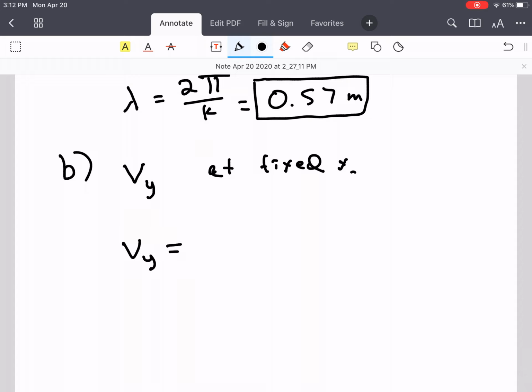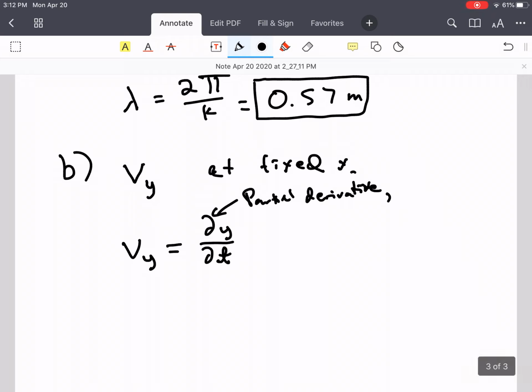And now we have to use this little bit of notation, which is the so-called partial derivative. So I'm going to write it like this, delta y over delta t, where this thing right here is called the partial derivative. We briefly talked about this earlier, but just as a reminder, all that means is we're going to take a derivative with respect to time, keeping x fixed.